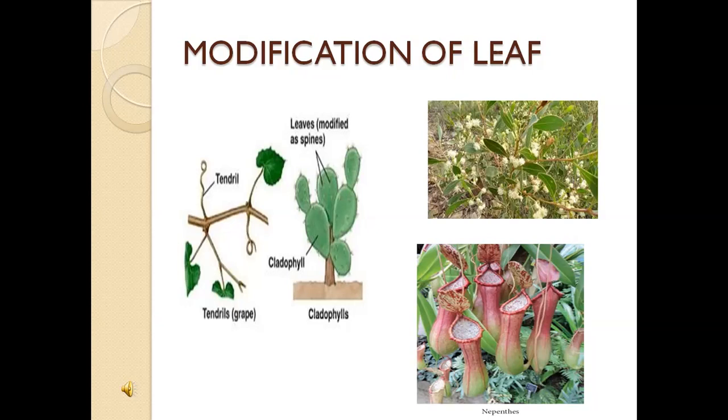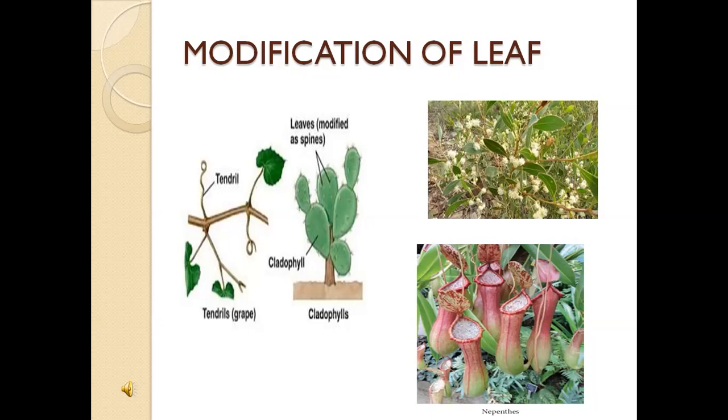And last, traps. Plants that grow in nitrogen-deficient places adapt themselves well to get it. In Nepenthes, the leaves are modified into a flask-like structure, which is used to trap insects and other tiny animals.